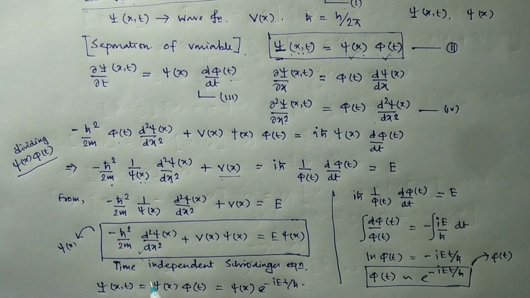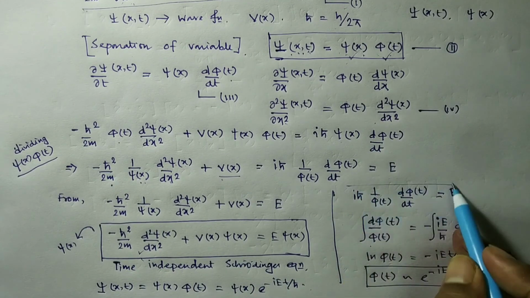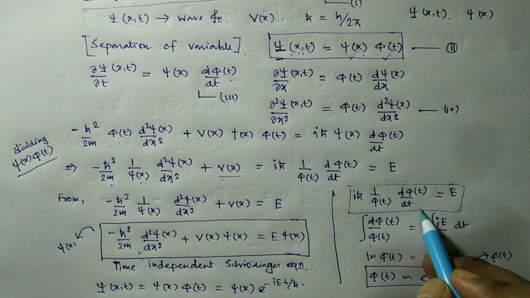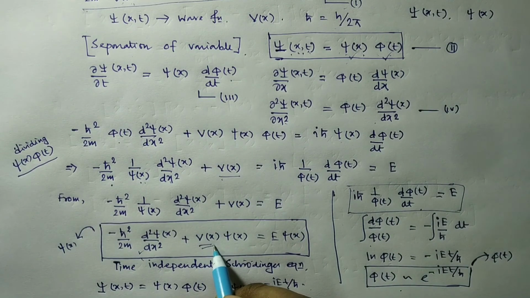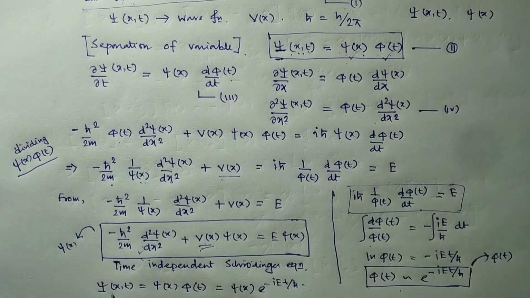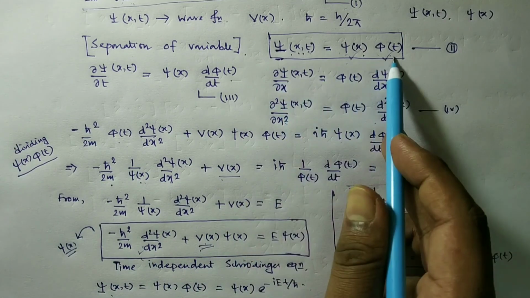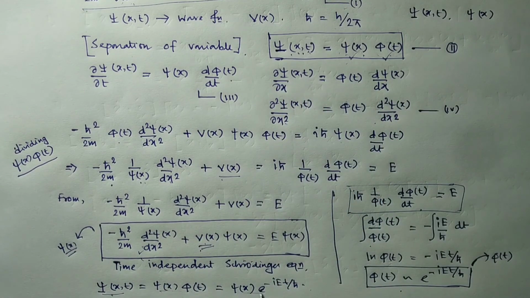This is the x dependent equation and this is the time dependent part. If we know the potential energy of the system, we can obtain the expression for ψ as a function of x. Then the complete solution is ψ(x,t) = ψ(x) e to the power −iEt/ħ.